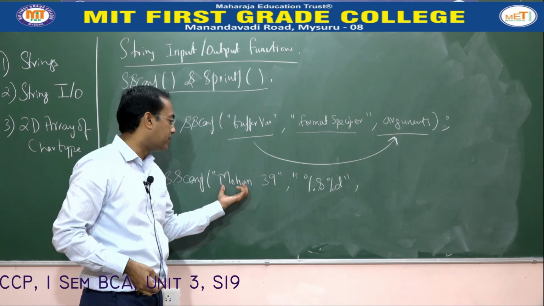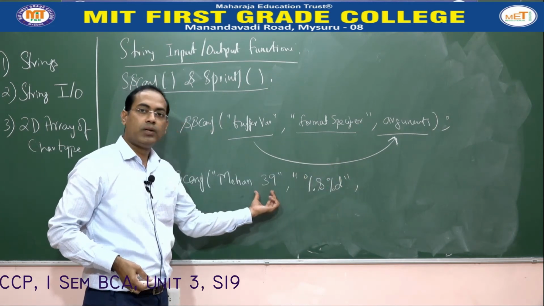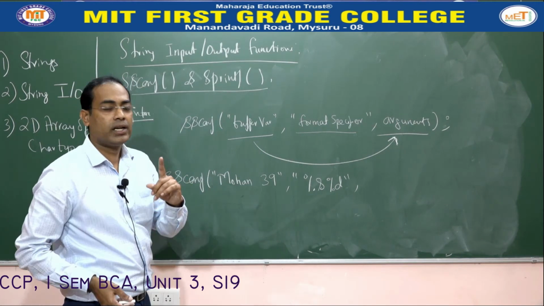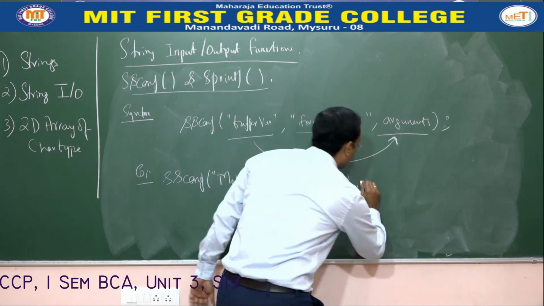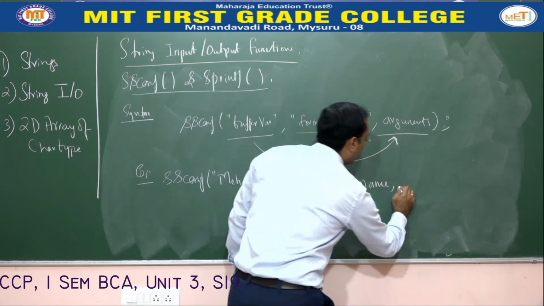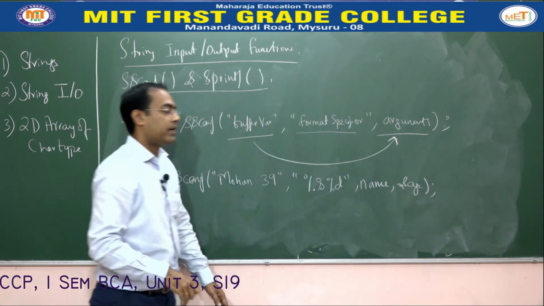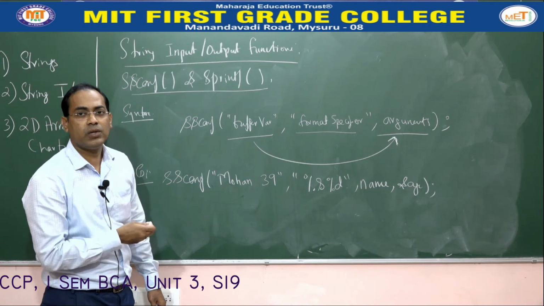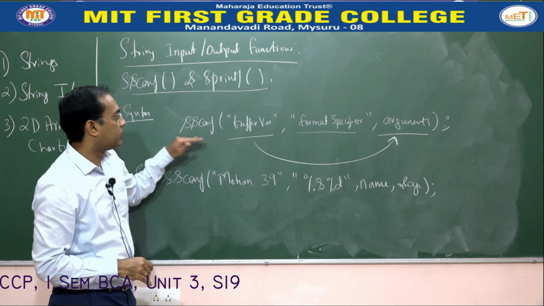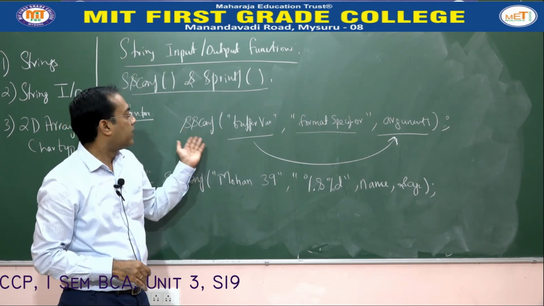It is going to accept Mohan and assign it to a string variable. It is going to accept 39 and assign it to an integer variable. So here name is the name of the string and ampersand age. So you need to declare two variables, name and age, name being the string variable, age being the integer variable. So this is what sscanf is all about.